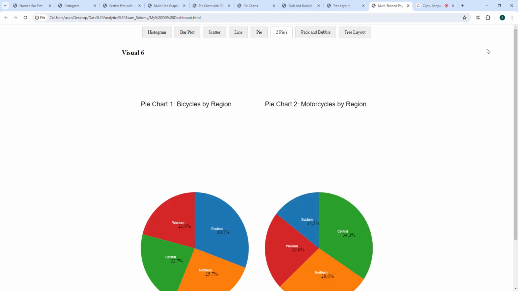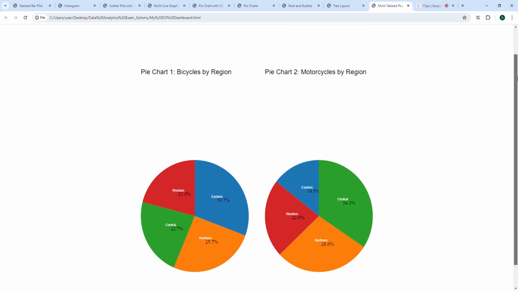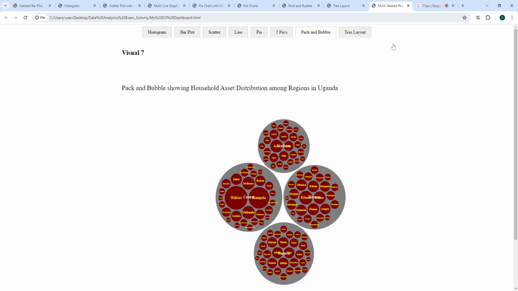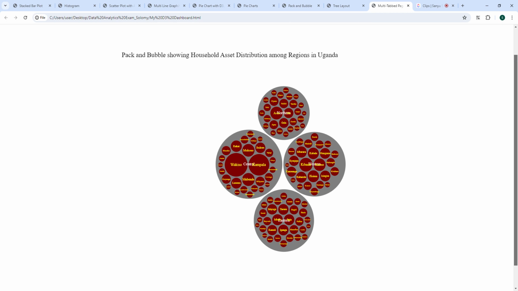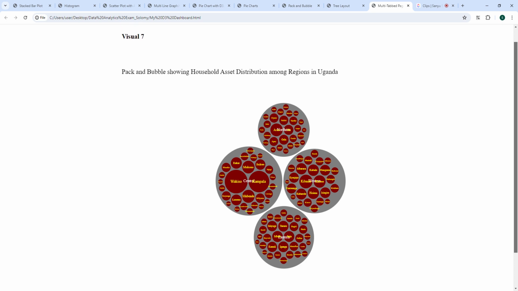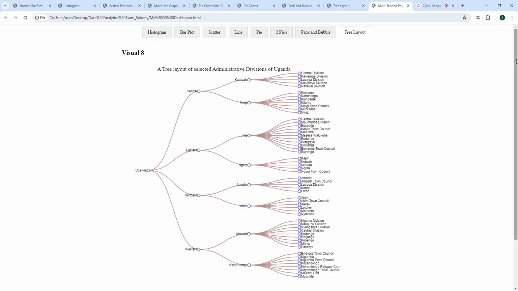I have a second pie that is showing the relationships. So here we can see the representation as two slices, the pack and bubble representation, the clusters, the bubbles. So that is it. Then a tree layout. That is the end. Thank you.